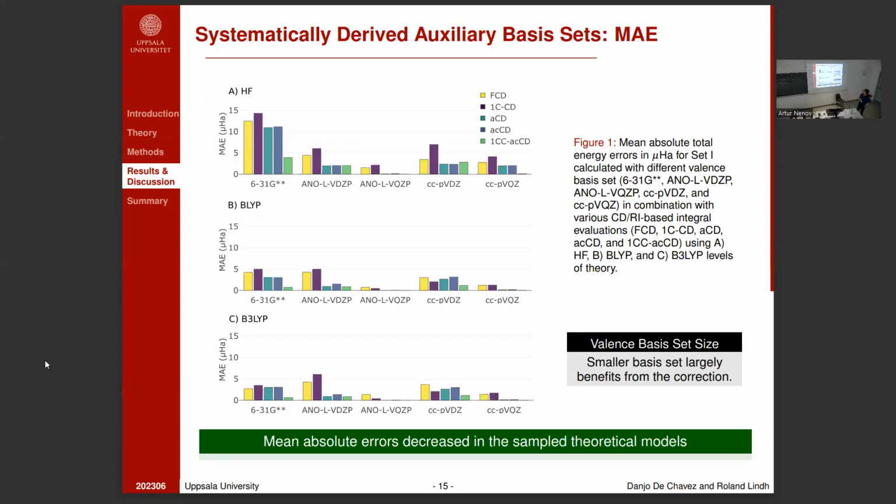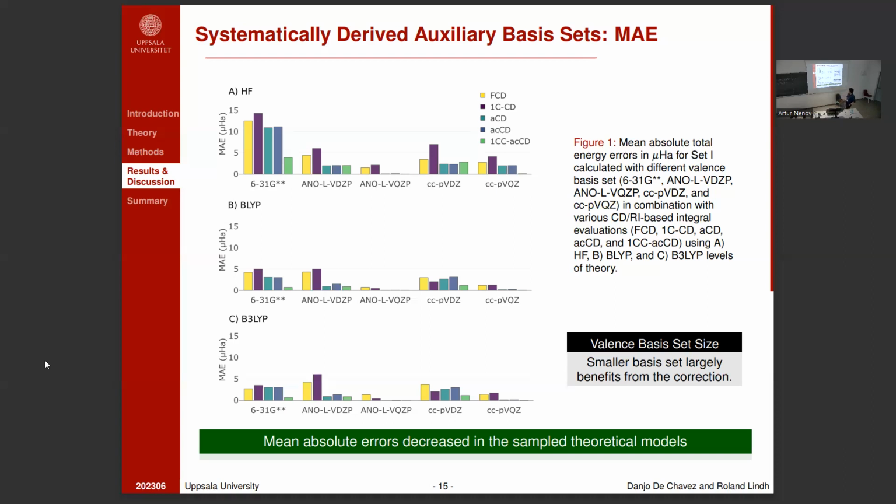And then your RICD basis set outperforms the Cholesky decomposition basis, which was also shown by Roland and other people in the group. And then you could see generally that our new correction, the 1C-ACCD, affords a lower mean absolute error with respect to all the levels of theory and also the basis sets that we sampled here.